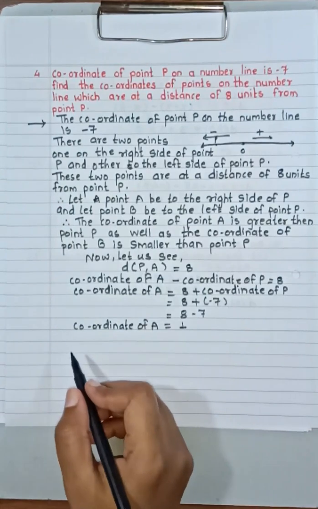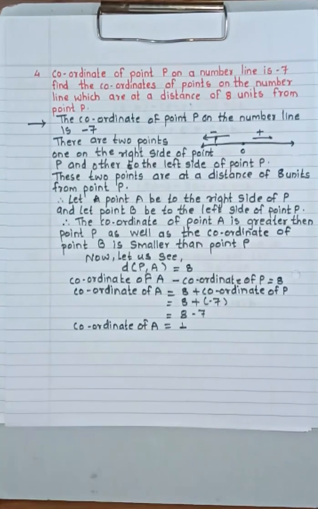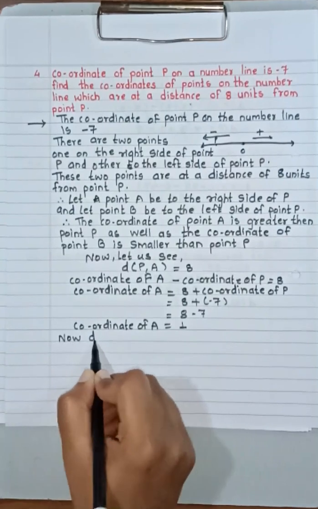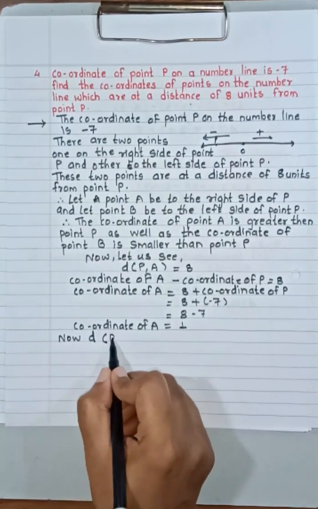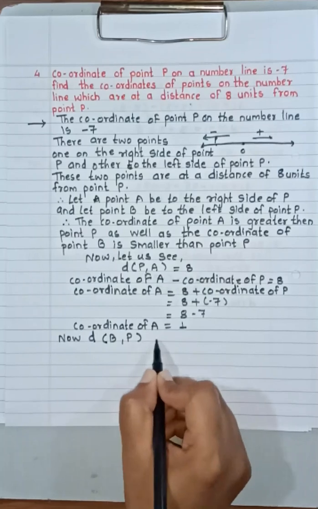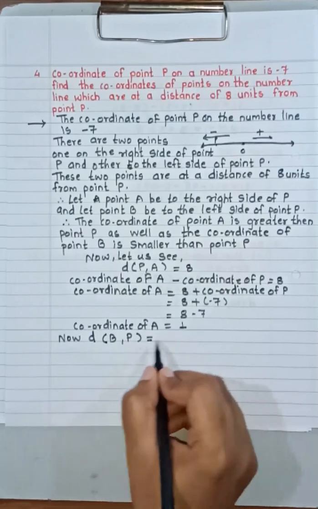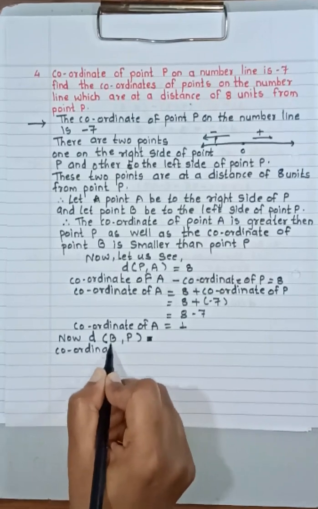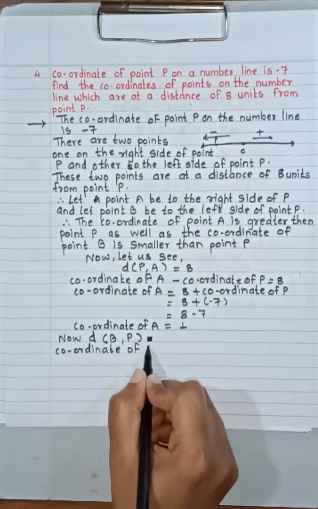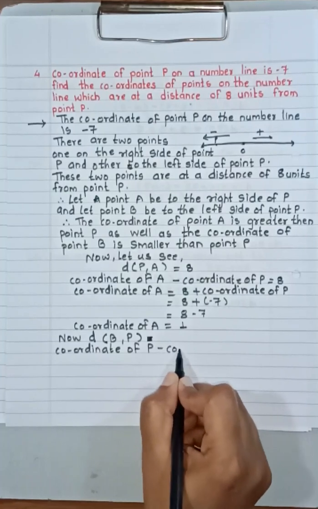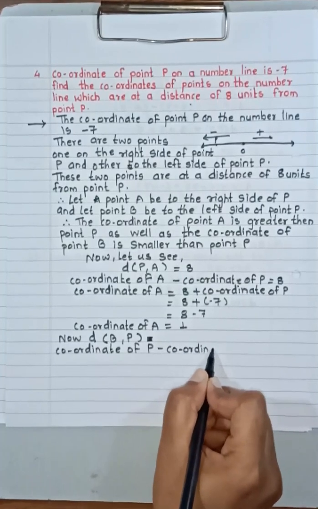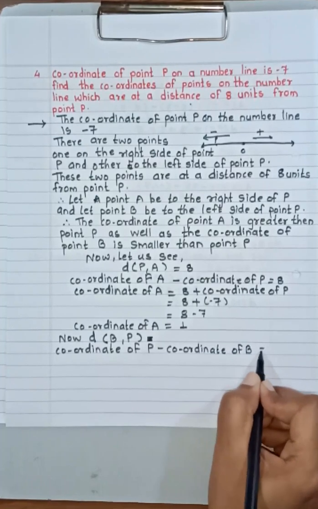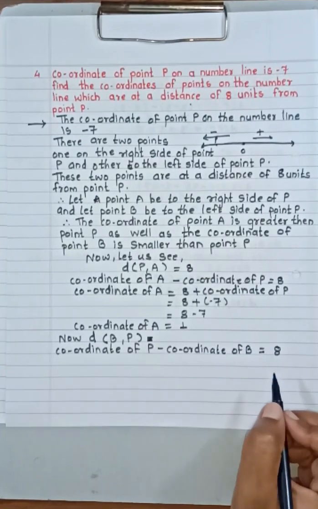Okay. Now let us see the coordinate of point B. Now distance BP is equal to how much? So I'll write it down here. Coordinate of P minus coordinate of B is equal to 8.